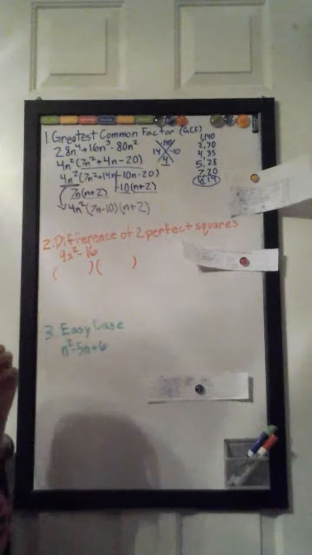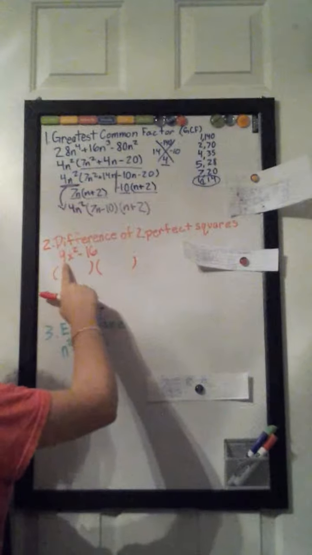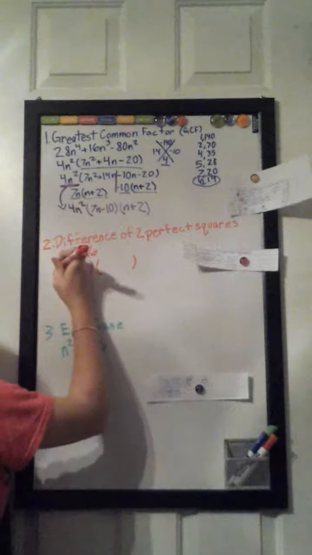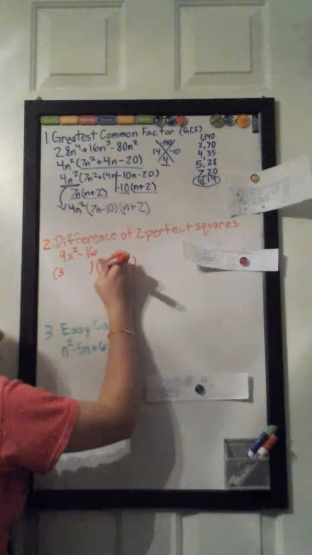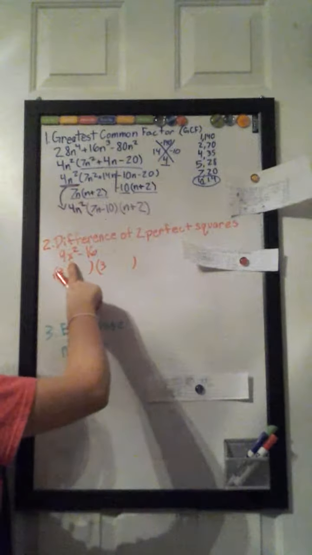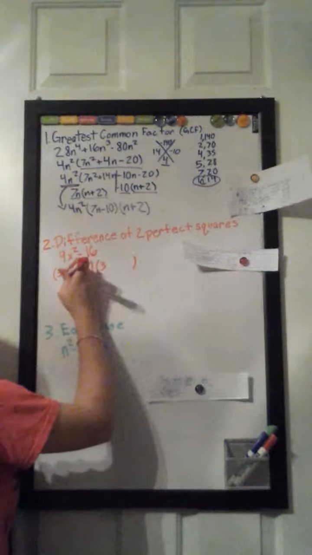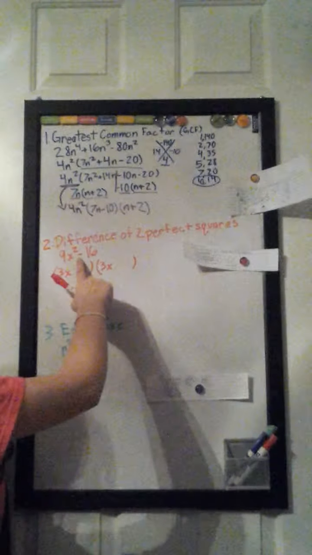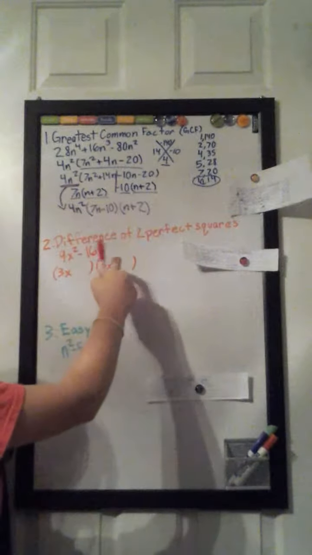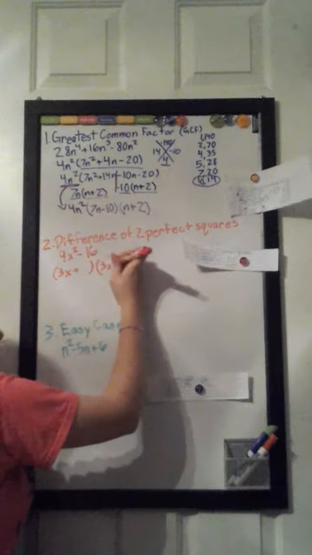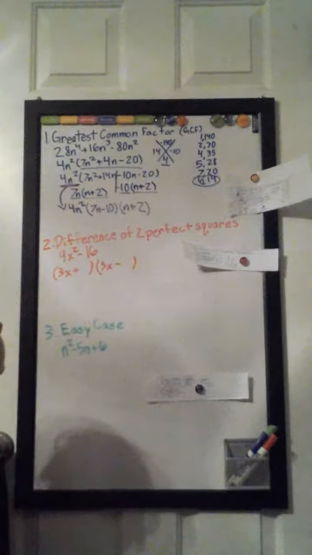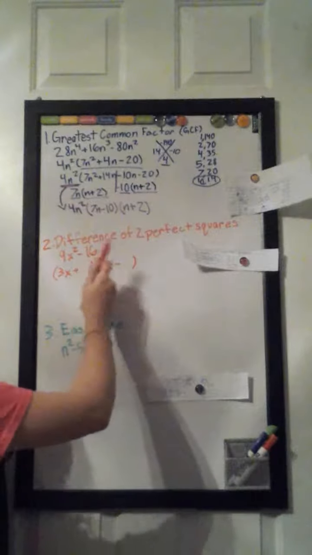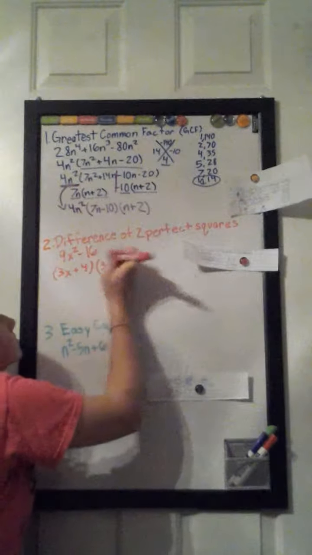Two numbers that multiply to 9 would be 3, so you put your 3 first. To get x squared, you need 2 x's. To get a negative when you're multiplying, you need a positive and a negative. And the number that squares to 16 is 4.